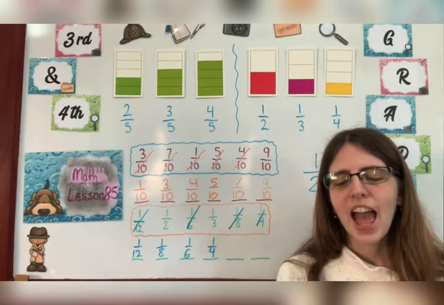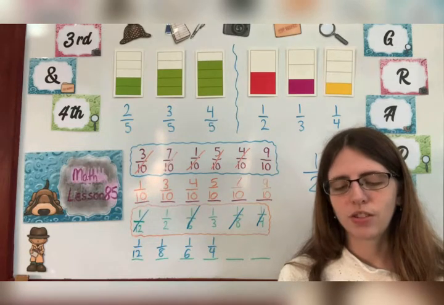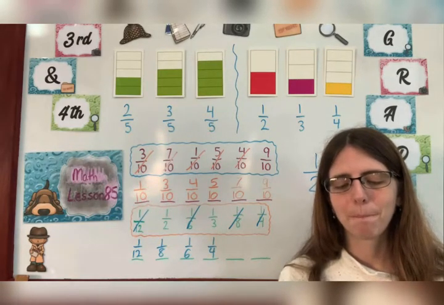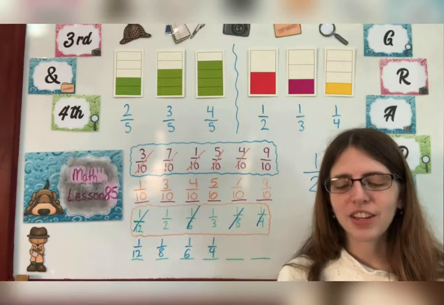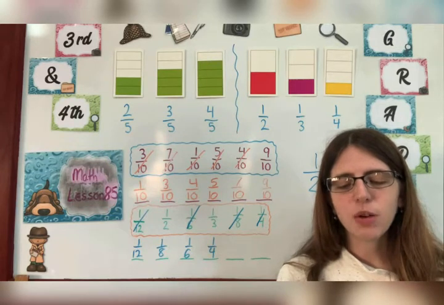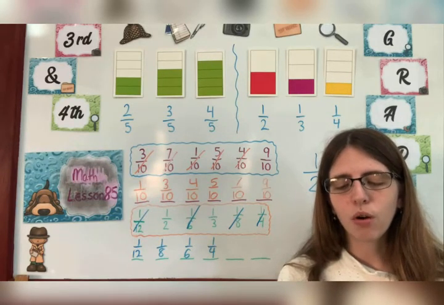Letter C, how many thirds are in one circle? Look at your circle, count the pieces. 3, very good. Letter D, which is greater, 1/2 or 1/4? Well, look at your circles.